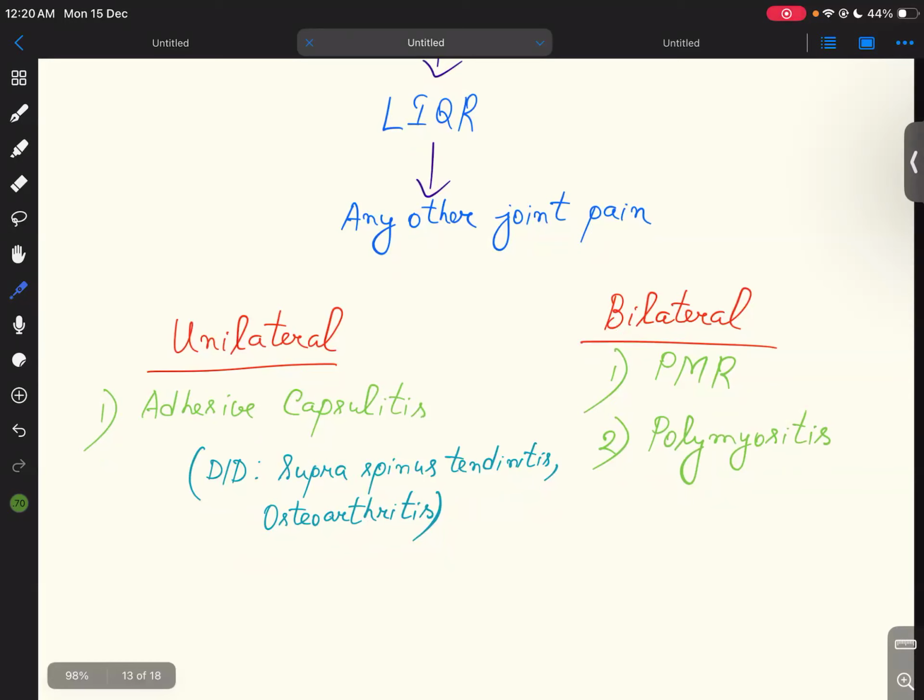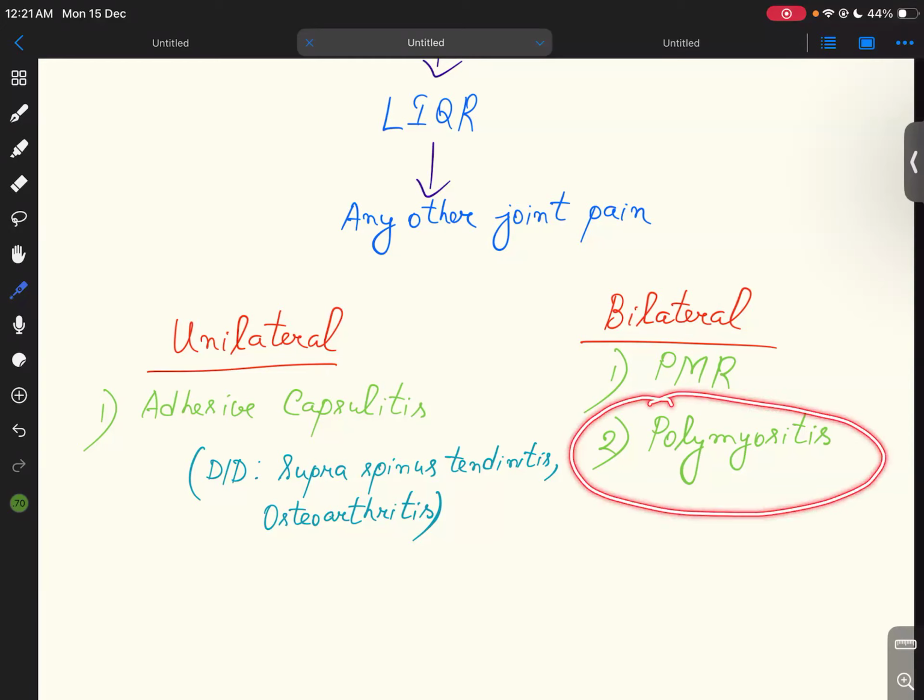Then, if the pain is bilateral shoulder pain, for the PACES exam, the diagnosis will be either polymyalgia rheumatica or polymyositis. In polymyalgia rheumatica, the patient will have bilateral shoulder pain with stiffness, but not weakness. In polymyositis, the patient will have bilateral shoulder pain or diffuse body pain, but no stiffness, but there will be weakness.